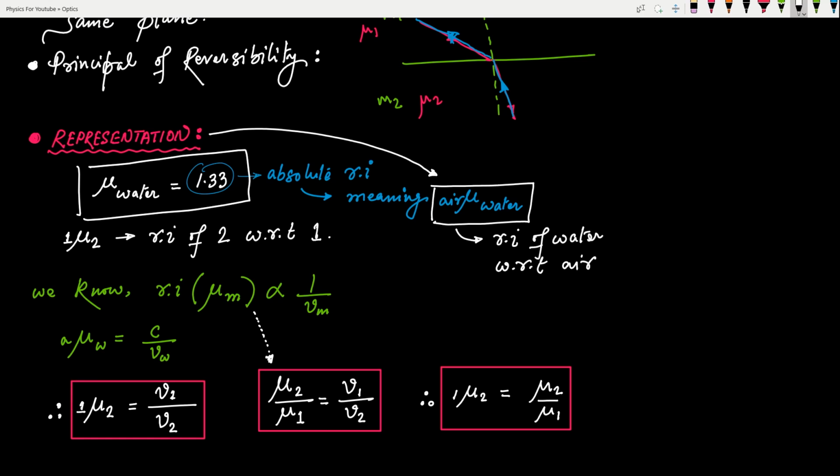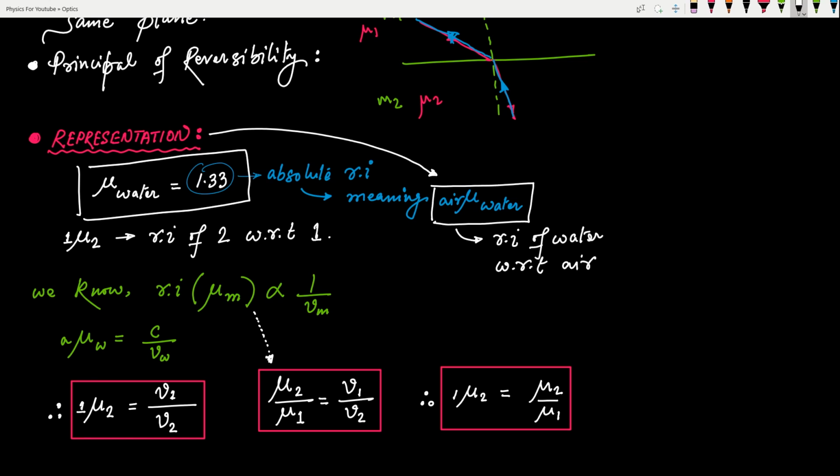Since I mentioned earlier that whenever the refractive index of a medium is given without saying with respect to which medium, it actually means the refractive index of water with respect to air. So the comparison is done with air when nothing is given. That kind of refractive index is known as absolute refractive index.